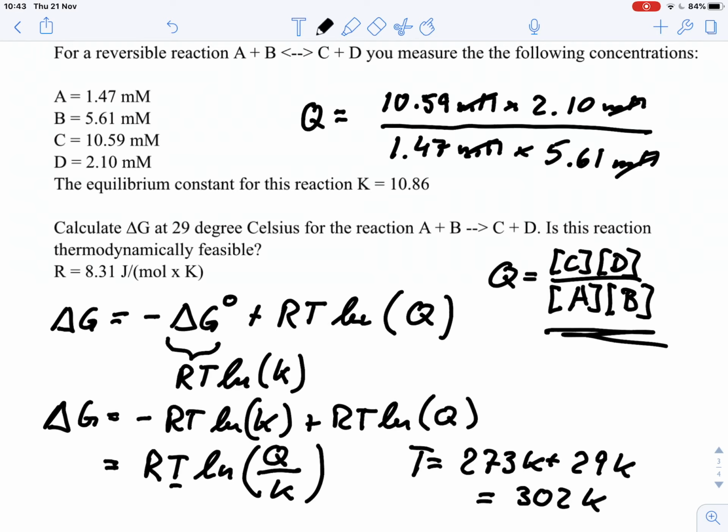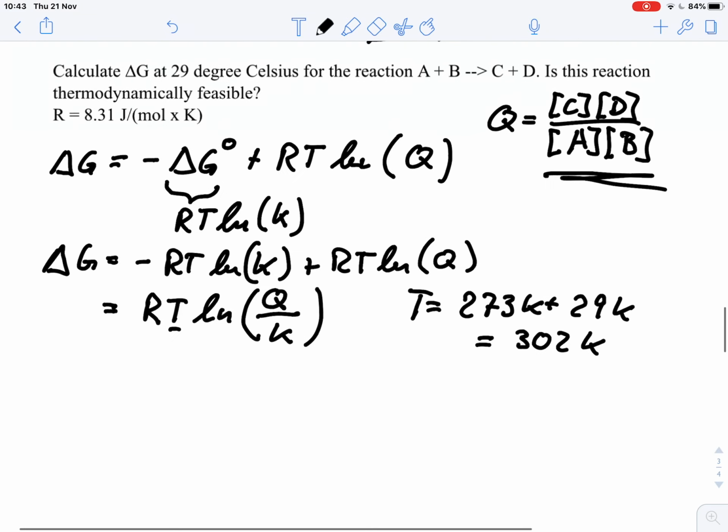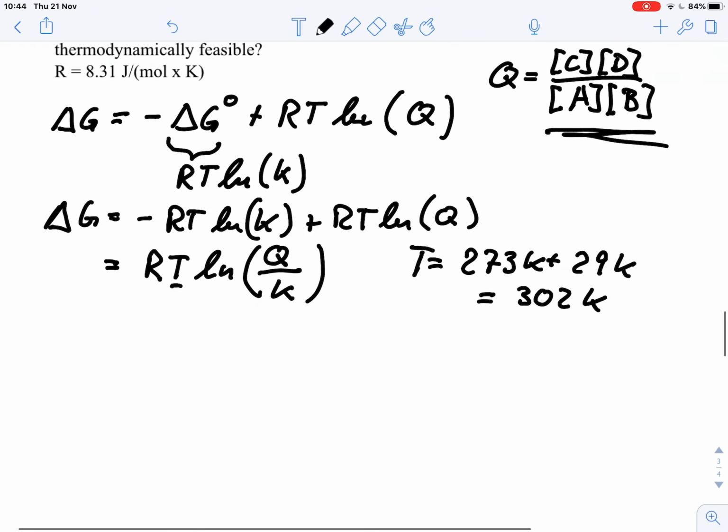And that's quite nice, because also our equilibrium constant doesn't have a unit, so that's quite handy. So all we need to do is put in the numbers here.